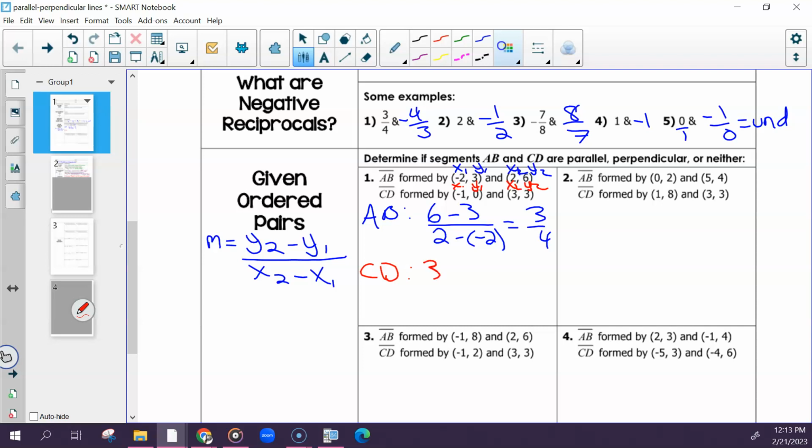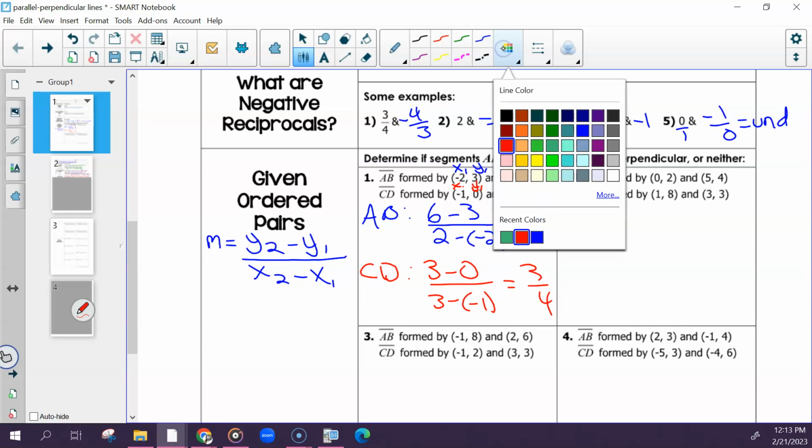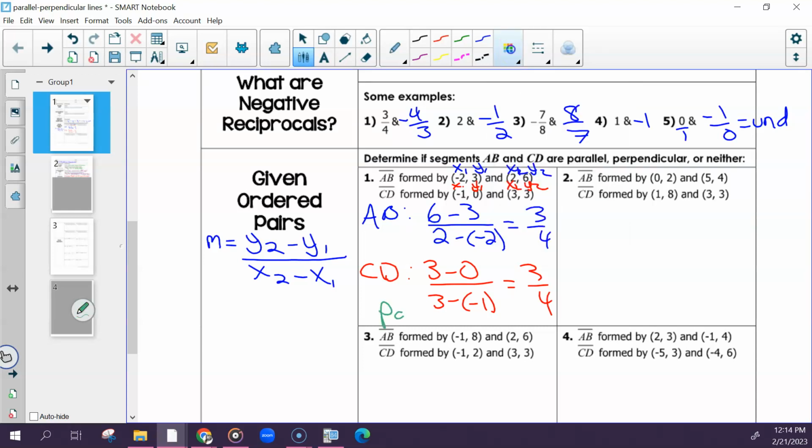So now we have 3 minus 0 over 3 minus negative 1. What would that slope be? 3/4 again. So are these parallel, perpendicular, or neither? Parallel. So you can either write that they're parallel or use the symbol. Either one.